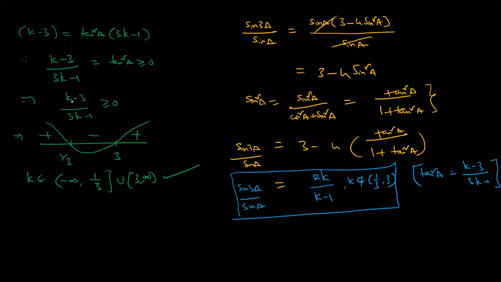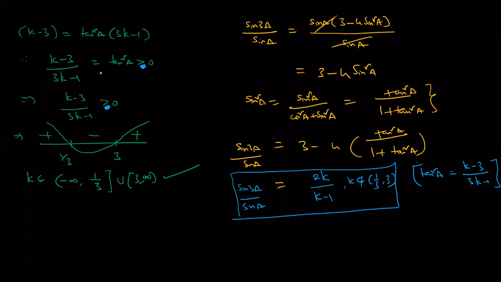Now come to the point. Dear students, suppose K is equal to 3. So in this case, strictly greater than 0, this is not possible, okay? Why, anyone? See carefully. If K is equal to 3, that means tan A is equal to 0.